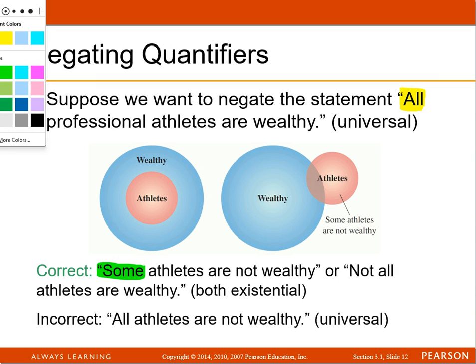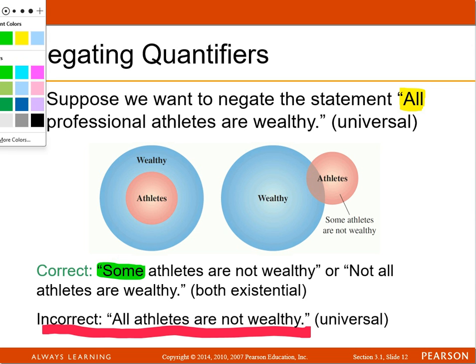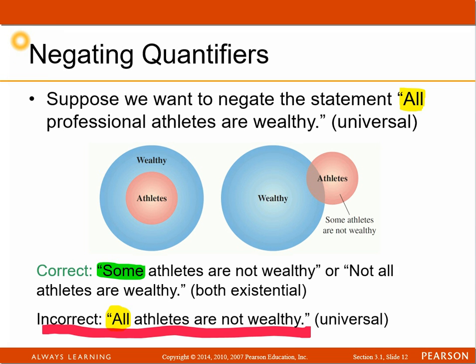You would not, I'm going to highlight this in red, do this: all athletes are not wealthy. Because you still have an all in here, and you're still dealing with a universal. So don't put the not on the wealthy.